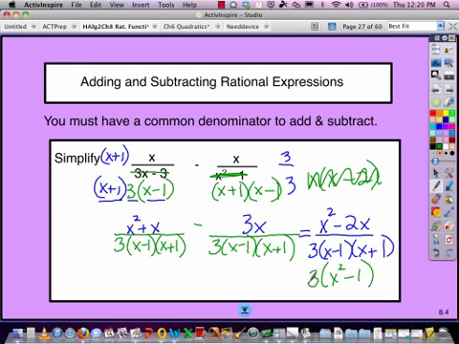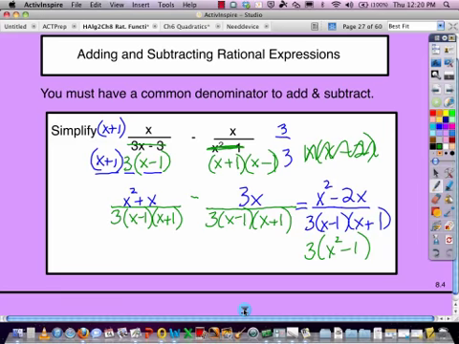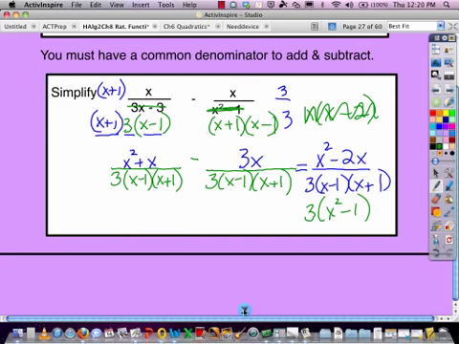If we multiplied it by 3, so let's move this up a little and see our final answer on this one should be that x squared minus 2x in the numerator all over that 3x squared minus 3 in the denominator. So that would be our answer on this one. There was nothing to reduce or allowed us to reduce on this.